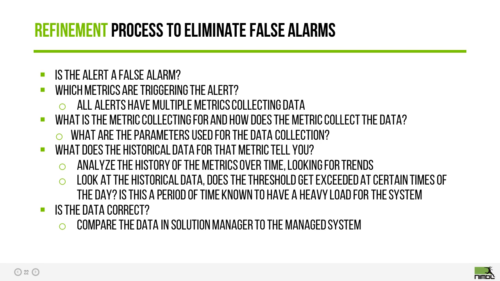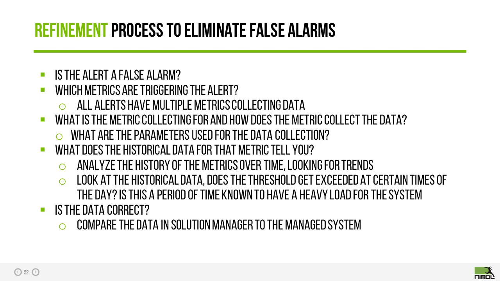The questions you should ask yourself when you get a false alarm to take you through the process of refining the alerts. So, is it a false alarm or not? Because if it's not a false alarm, you just need to fix the issue in your system. If it is a false alarm, what do we do then? Now we need to go into Solution Manager. What changes should we make first to ensure that we're not eliminating the effectiveness of our alerts? What is the metric collecting data for?